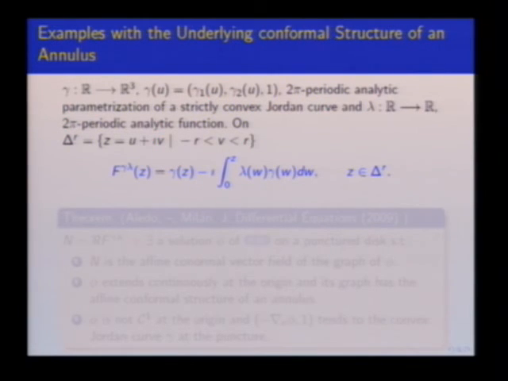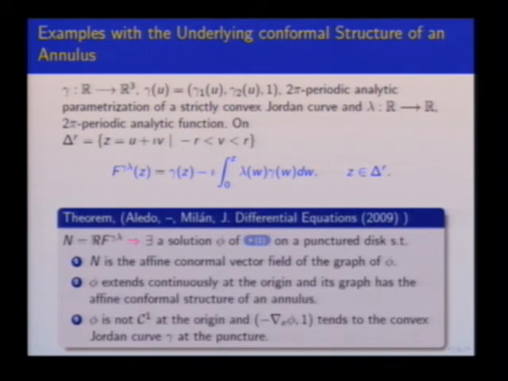The first one is by considering the holomorphic maps here, well defined on this annulus, and then it's not difficult to prove that the real part of these holomorphic curves gives us a solution of the maximal equation on a punctured disk.